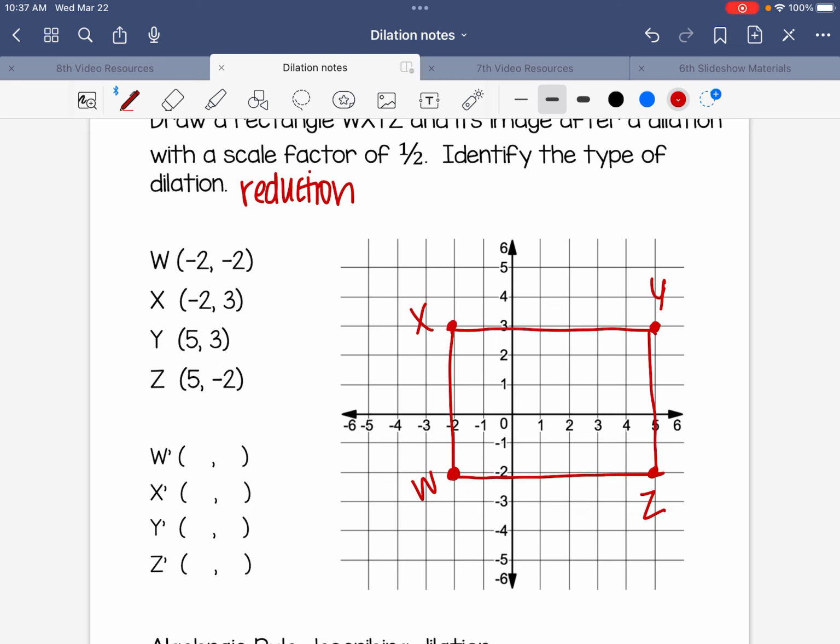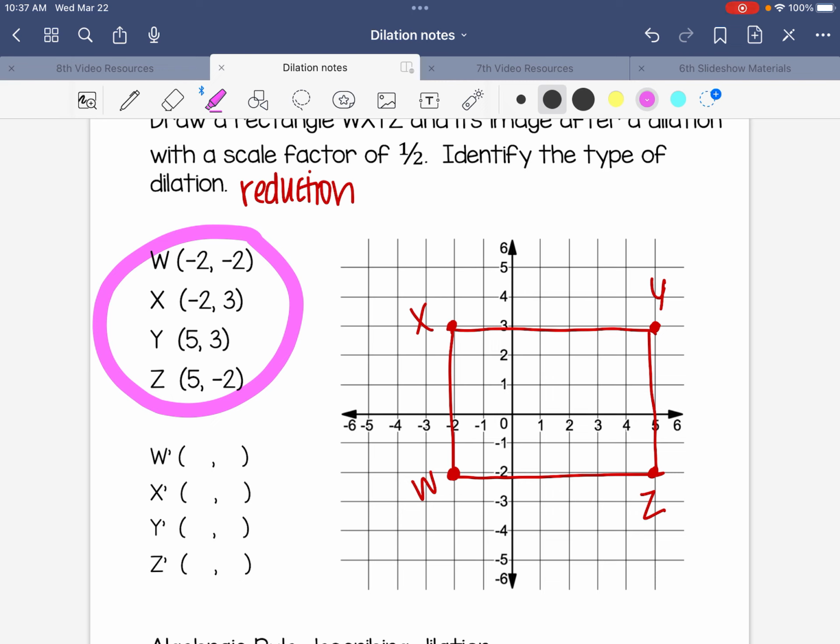Now to find W prime, X prime, Y prime, and Z prime, I'm just going to take all of these original points, and using the scale factor, I'm going to take half of the x and then half of the y value. So half of W's -2 is -1, and half of -2 is -1. So my new point is at (-1, -1). X prime, so half of -2 is still -1, and half of 3 is 1.5.